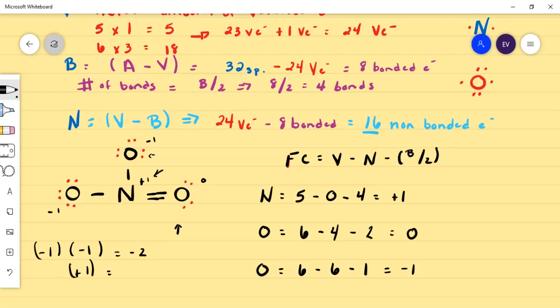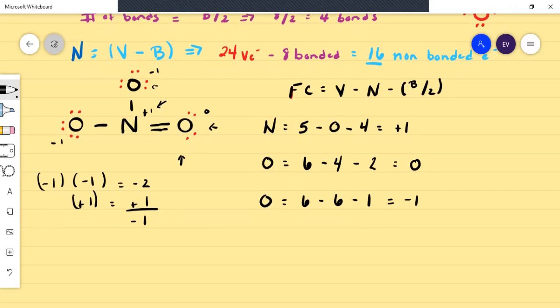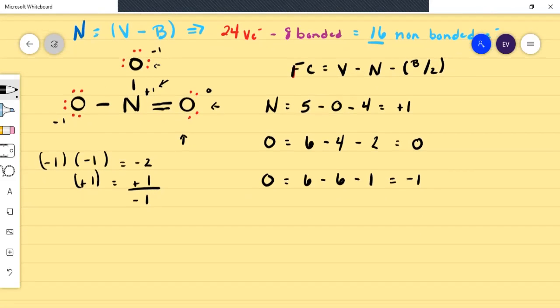So if I have -2 and I add 1 to that, I end up with an overall charge of -1. Remember, the oxygen on the right does not contribute a charge, so it's 0. So the overall charge of nitrate is where we get that -1.